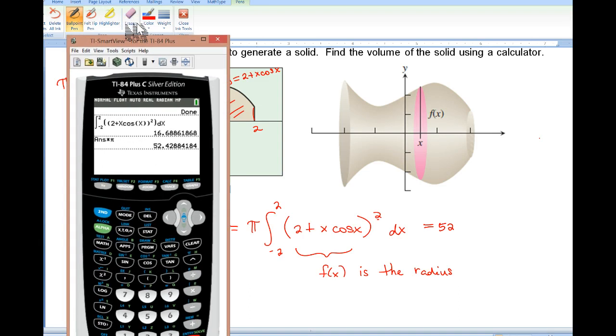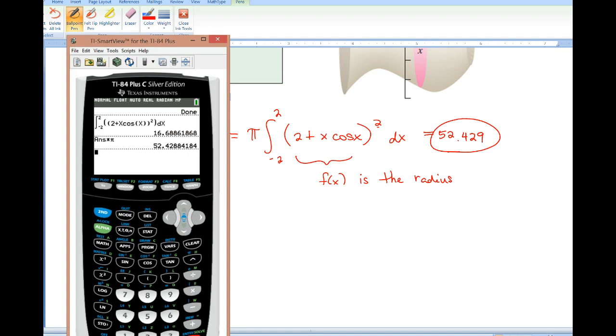I wrote it down right? What's the problem? Then you probably didn't put the squared on the outside of the parentheses. You have to close the parentheses. There should be 2 parentheses after the x. If you only have one, then it's just going to square the cosine part. You need to square the whole thing.